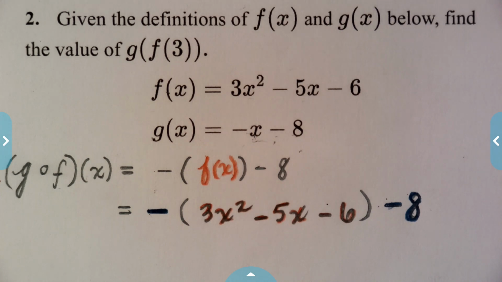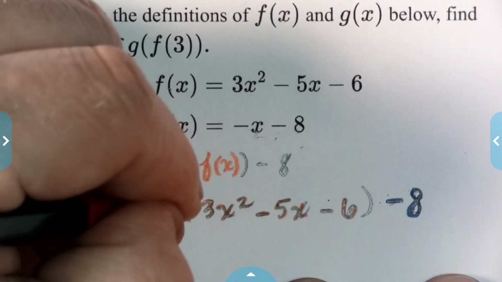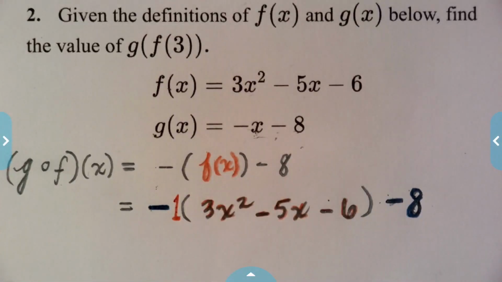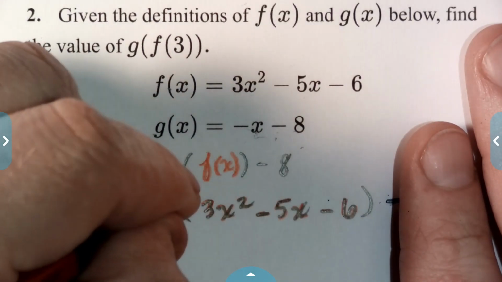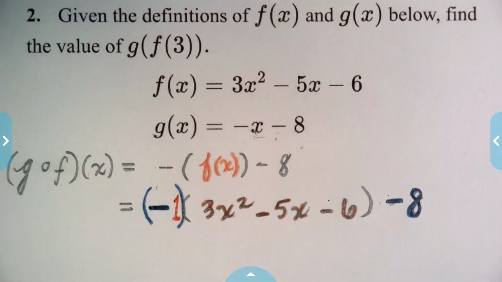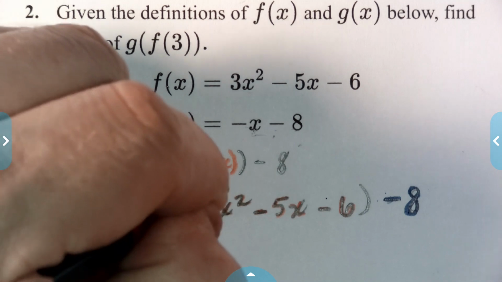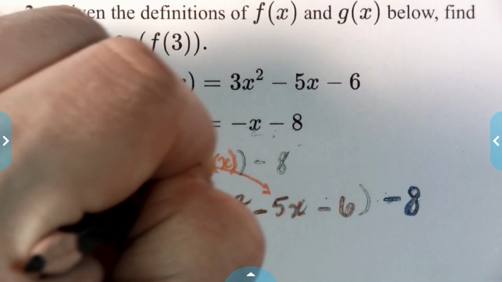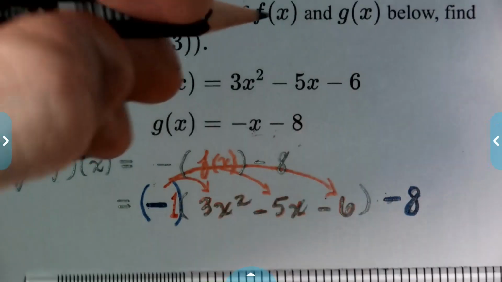And now we're going to need to distribute this negative symbol. So it might be helpful, and I think it always is helpful, to remember that that's really a negative 1, and you're multiplying a negative 1 to each of these terms inside the parentheses, which just has the effect of changing the sign. But still, we'll do it.